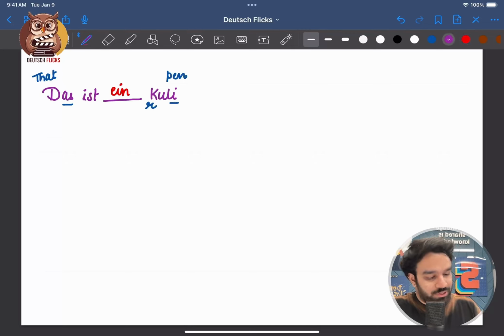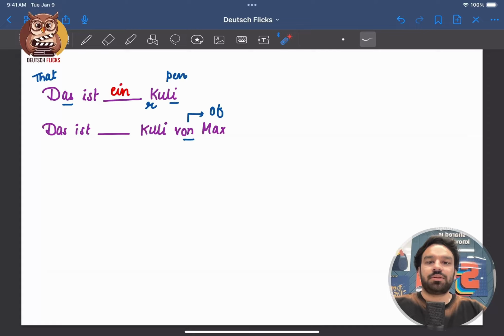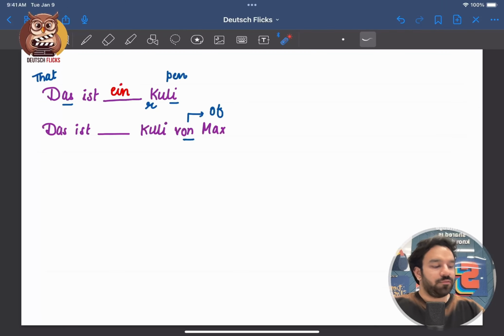I'll give you one more example. Some of the things you already know, but this is a new word. Von means of. Of Marx. Again, think about it. Will you say "that is a pen of Marx," or "that is the pen of Marx"?